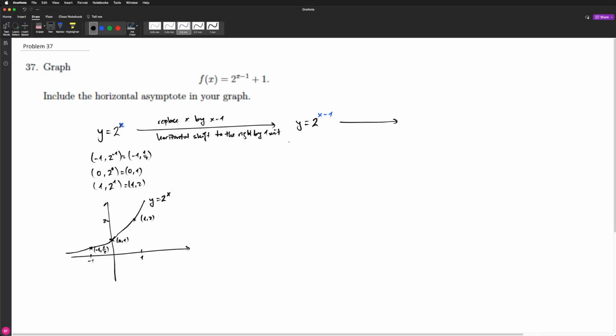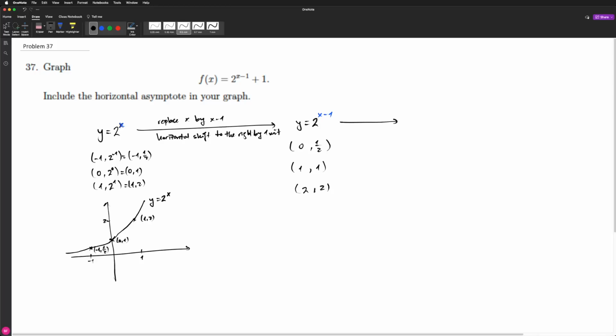And the corresponding points, nothing happens vertically. This is a horizontal transformation. And horizontally, I'm moving the graph to the right by 1. So I'm going to add 1 to each of those x coordinates, horizontal coordinates.